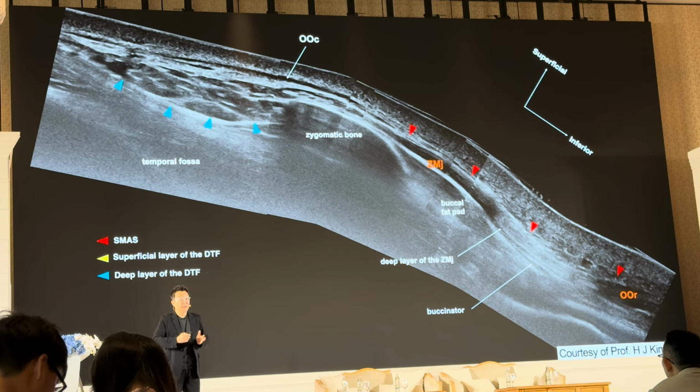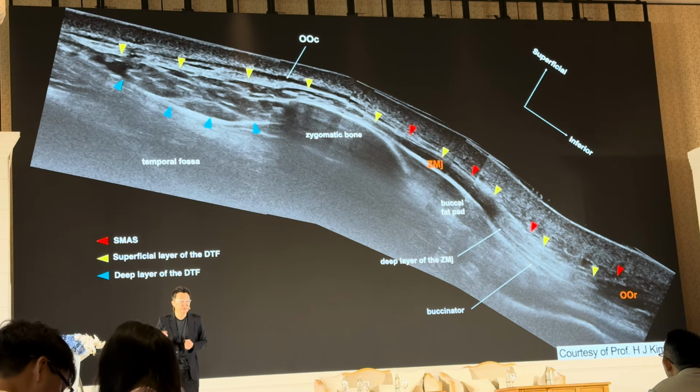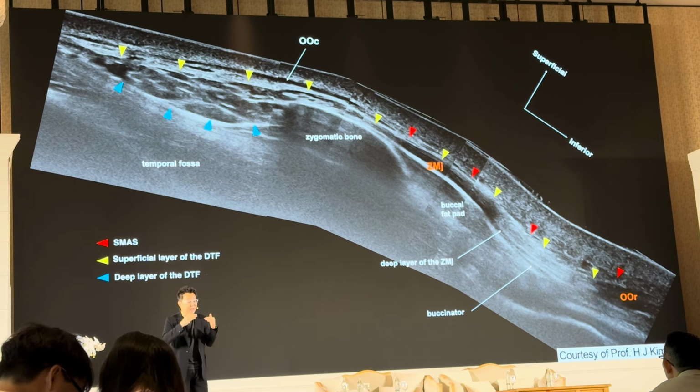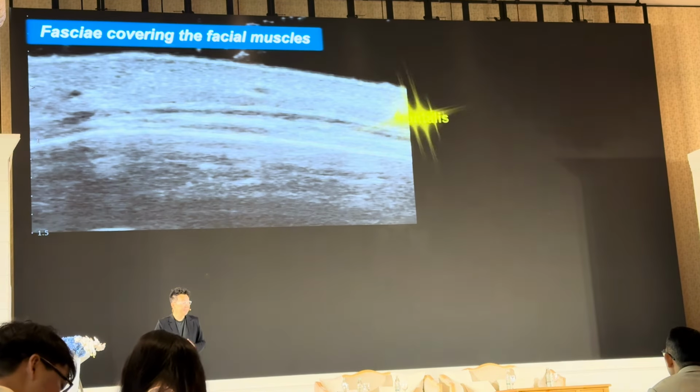However, between them, clear, distinct fascia structures pass the zygomatic arch areas and cover the masseter as a fascia and extend to the perioral structures. So I think this is thicker than the SMAS and located very superficially in the facial structures.